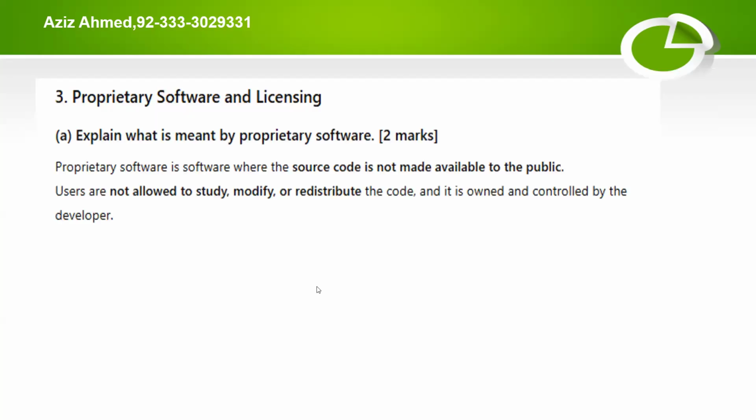Now see here: explain what is meant by proprietary software. Proprietary software is software where the source code is not made available to the public. Users are not allowed to study, modify, or redistribute the code, and it is owned and controlled by the developer.